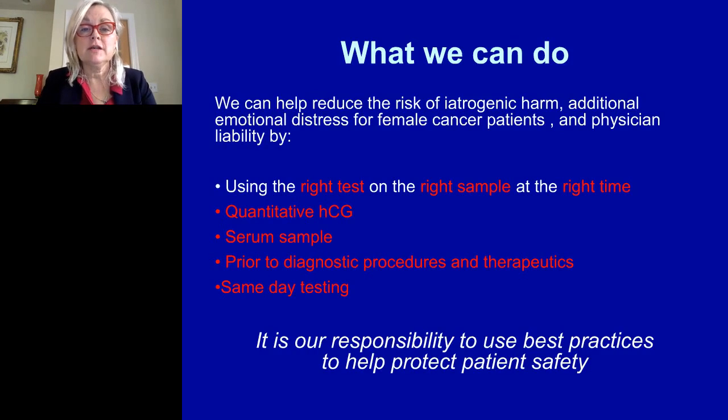The question is, does your clinical setting have a written policy on testing female patients for unexpected pregnancy before procedures or therapy? I appreciate anyone in the audience going ahead and answering. Okay, so it looks like we have some folks answering.